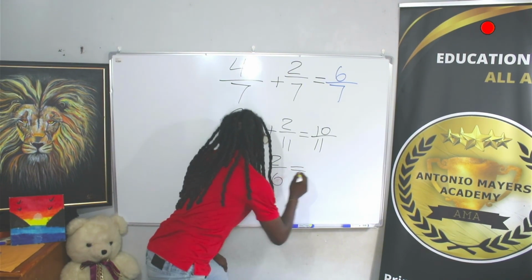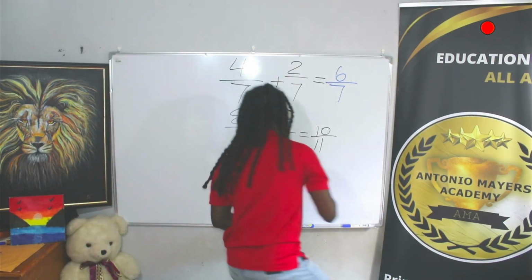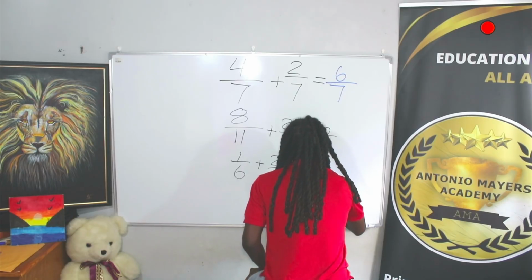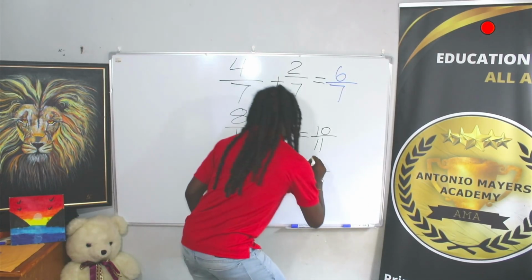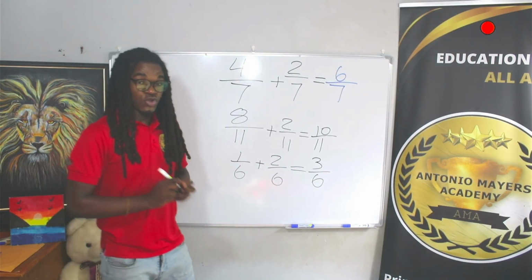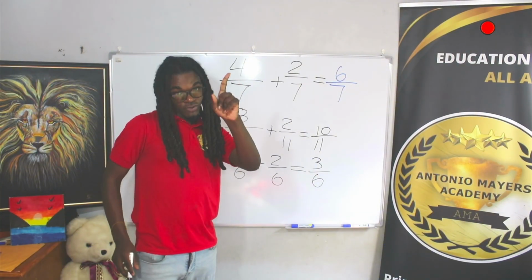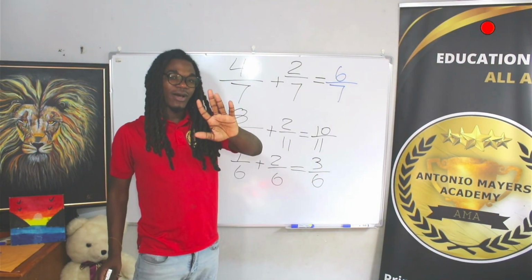We do what we normally do, and put back the 6 over here. And then we say 1 plus 2 is 3. So it's 3 over 6. But now, if you put this 3 over 6 as your answer, if it's like 2 marks, you only get 1 mark. And let me tell you why.